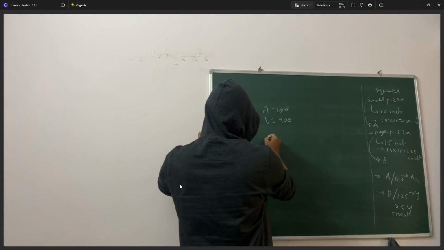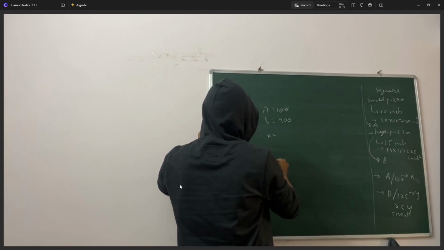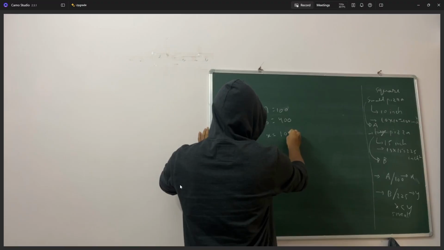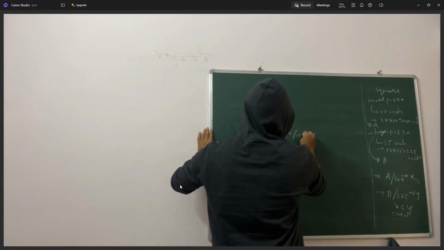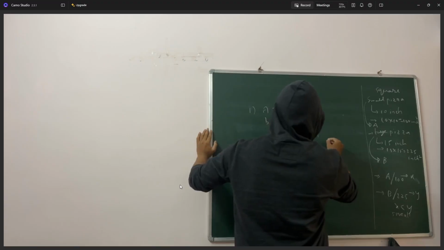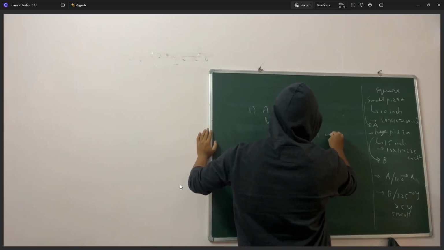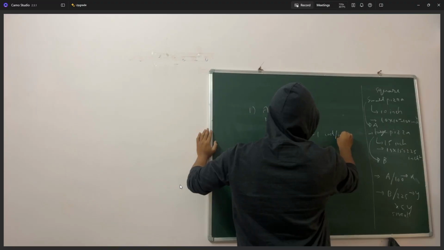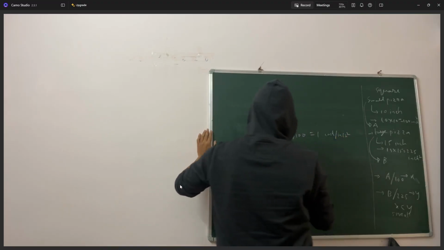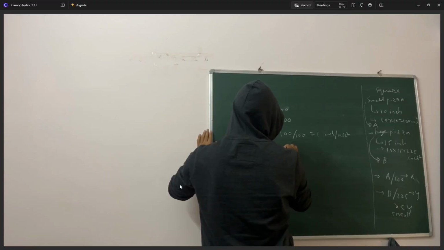So let's calculate the cost. Let me call it x: A is 100 and area is 100, so it is 1, that is, 1 rupee per inch square. Let's calculate y.